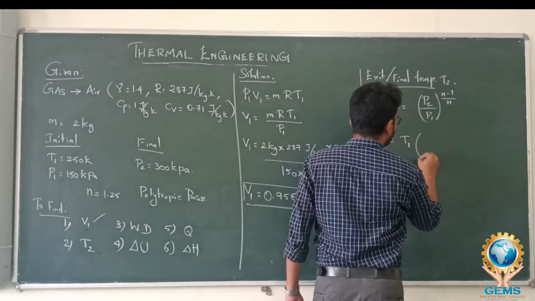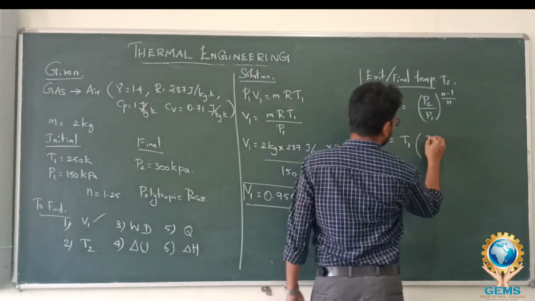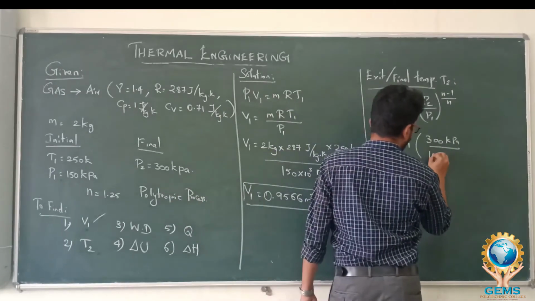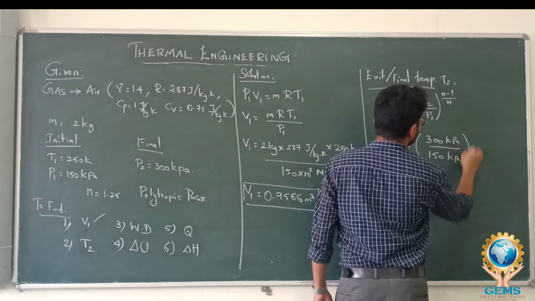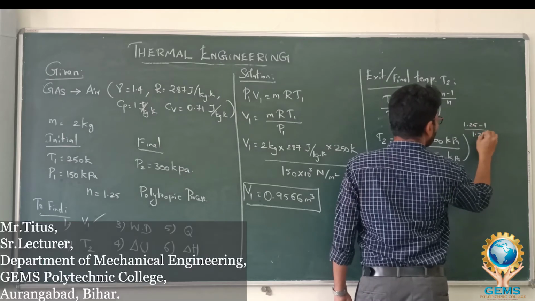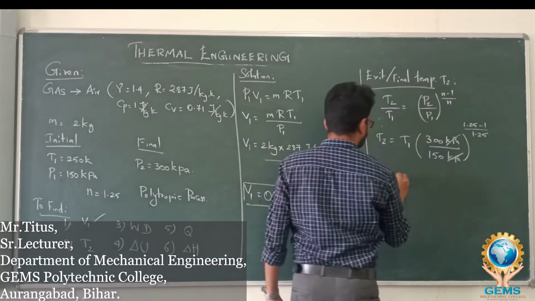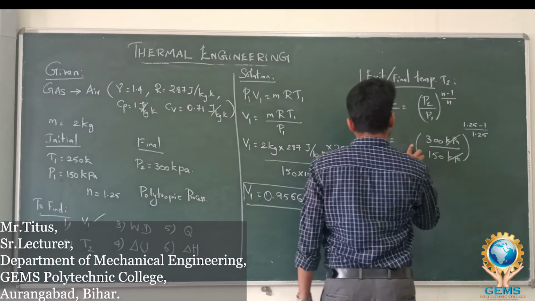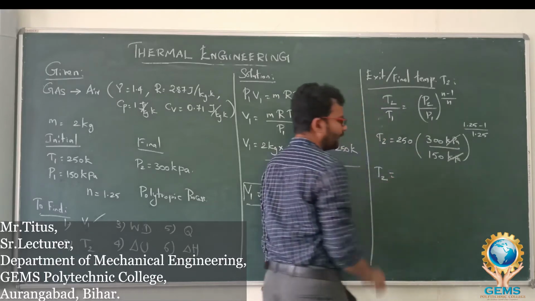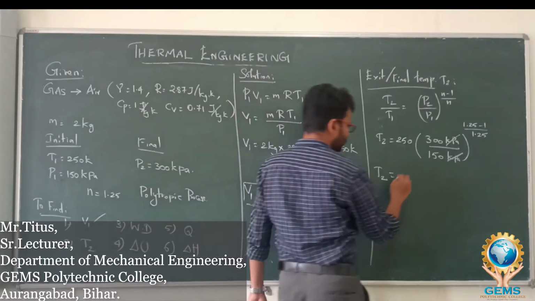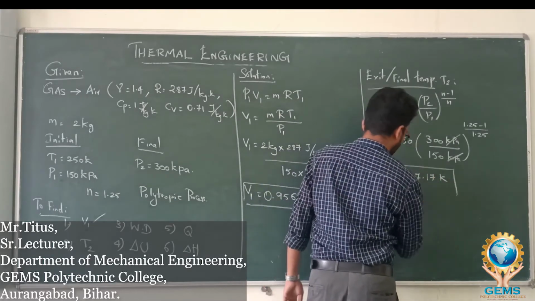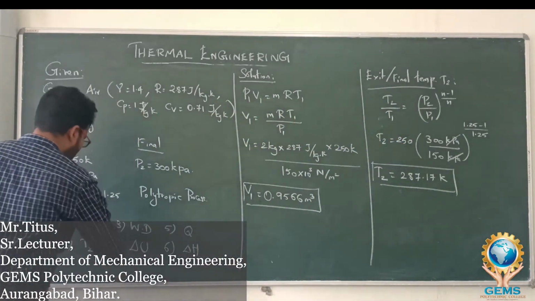So T2 is equal to T1 into P2, 300 kilopascal, divided by 150 kilopascal, to the power of 1.25 minus 1 divided by 1.25. The kilopascal will get cancelled. T1 is 250. So T2 is 287.17 Kelvin. Now we find out T2 also.